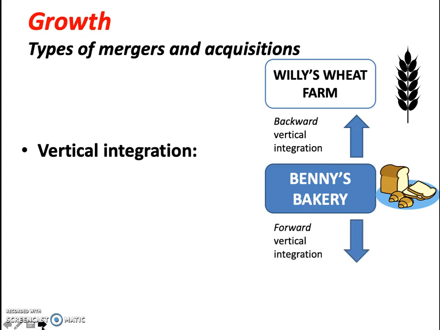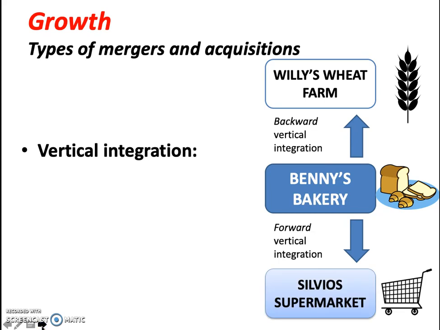We then went forward vertical. He went down the road to his friend Silvio and he bought the supermarket. Now, you could logically think at this point in time, why would he want to go buy a supermarket? Well, if you go to a supermarket and you're going to go buy bread, now all the bread that will be on Silvio's supermarket will be Benny's bread.